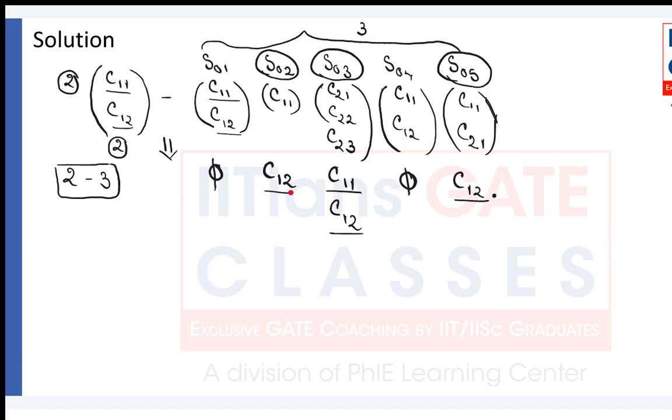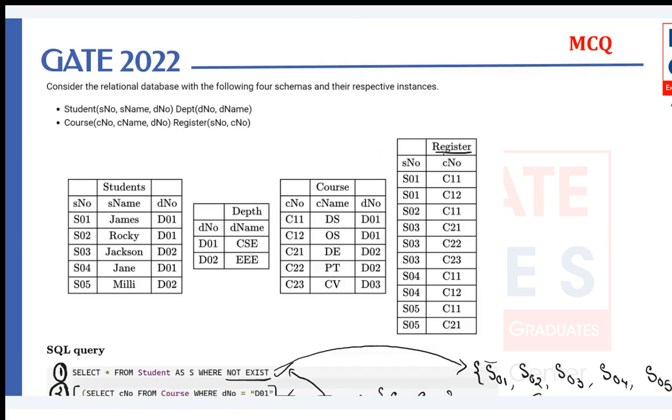Can I say there is some course exists? Can I say that for S01 and for S04 no course exists? Or there is no value that exists, the set is empty? If I'm just speaking English, whatever I wrote now, right? So for S01, for S04, I can say that the result of course is empty.